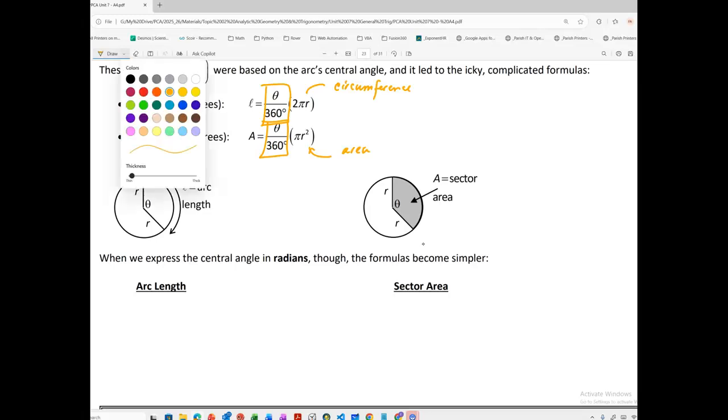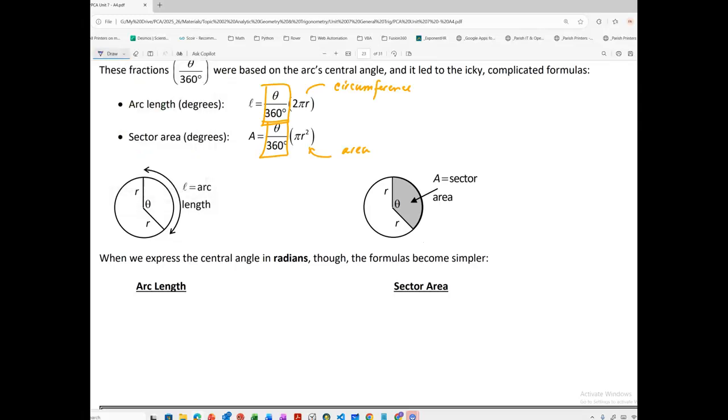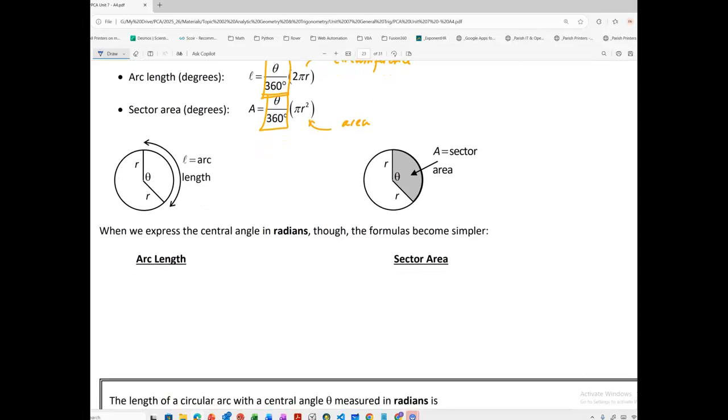But if we use dimensional analysis, you've probably heard that term in physics and chemistry, we can greatly simplify the matter by basically converting from degrees to radians. So my arc length, we used to use theta over 360 degrees, but how many degrees is 2 pi radians? 360. So we can get out of degree land and get into radian land by multiplying by 360 over 2 pi, right?